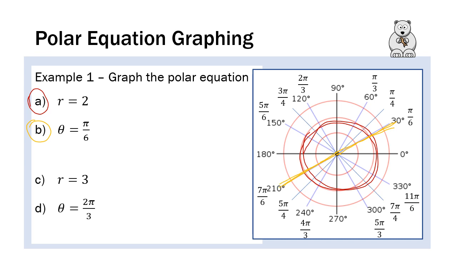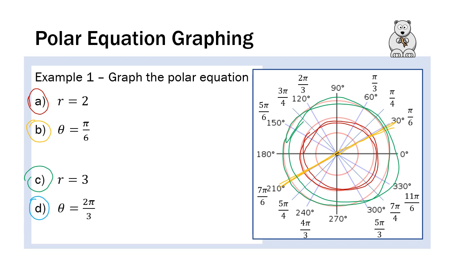And then you have another radius of 3, so it's that circle. 3 radius all the way around, that's a terrible circle. And the last one is 2 pi over 3, which makes a line. And you'll be able to use your graphing calculators for these, so you'll see what they look like. The thetas you'll probably have to remember because those won't go in your graphing calculator.